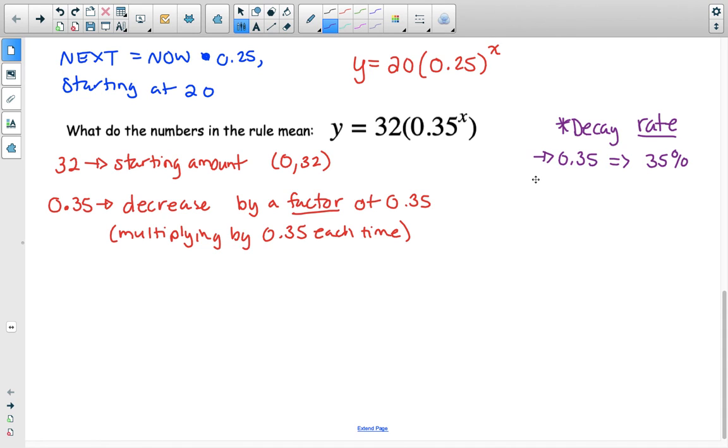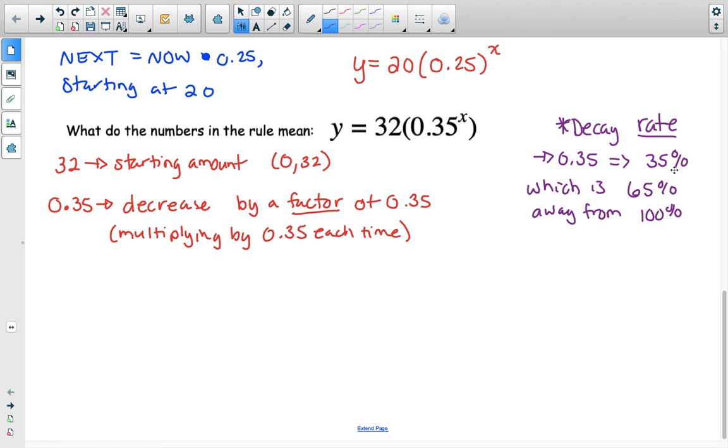That's what we want to figure out. How far away is 35 away from 100? So 35% is 65% away from 100%. We have to take how far away is 35 from 100.